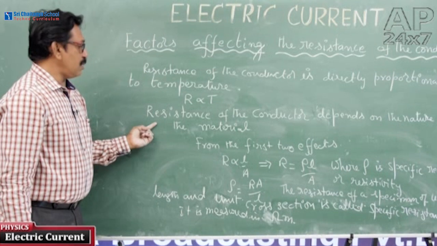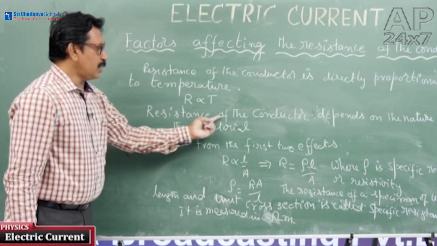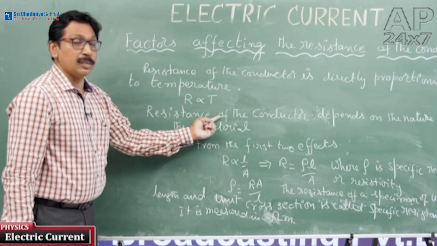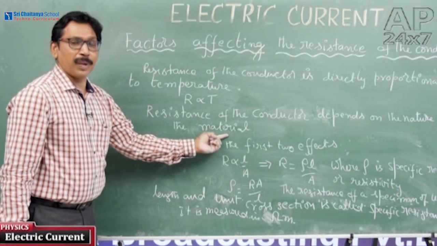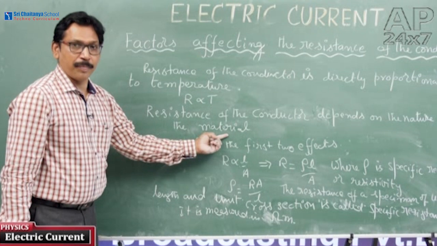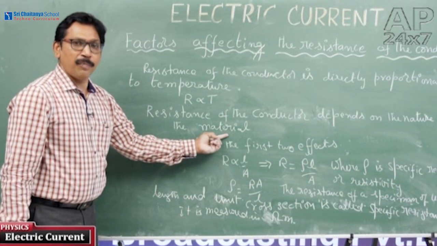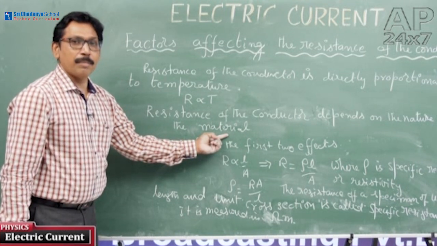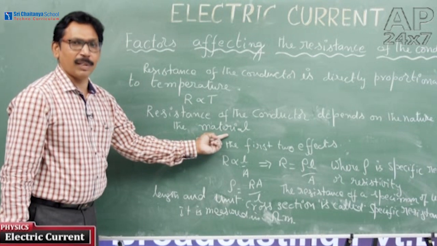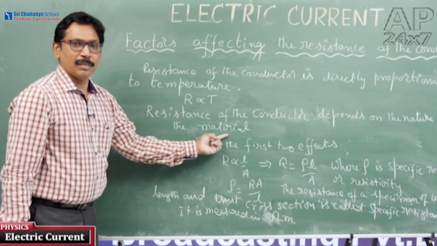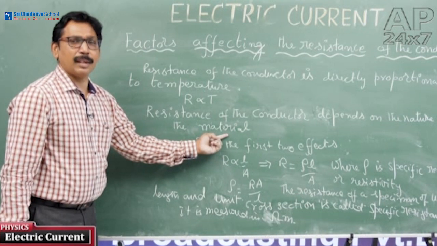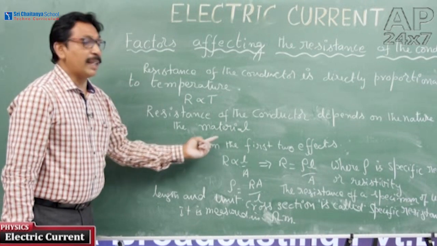And the fourth effect is that the resistance of the conductor depends on the nature of the material. It differs from material to material. With this effect, we can say the best conductor is silver, and based on that nature, the best conductor is copper. Like that it varies.